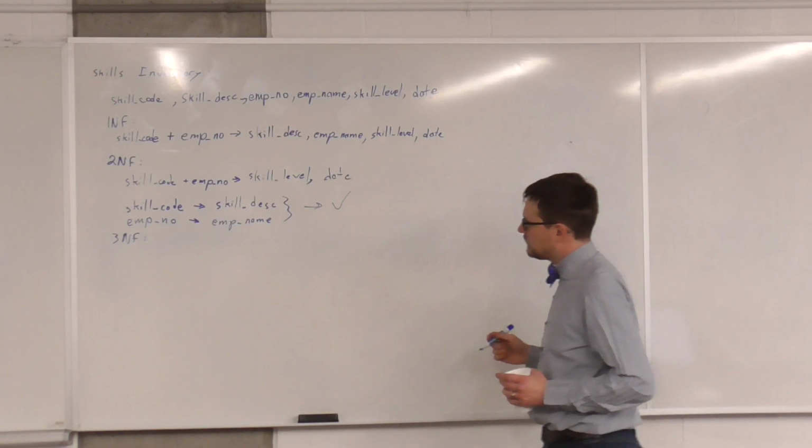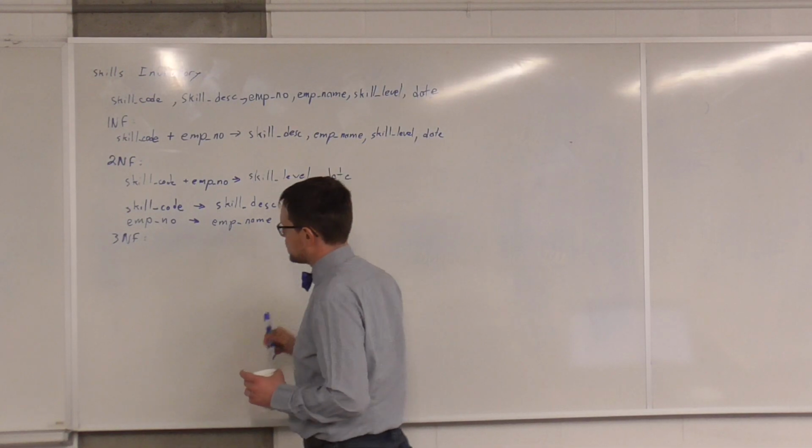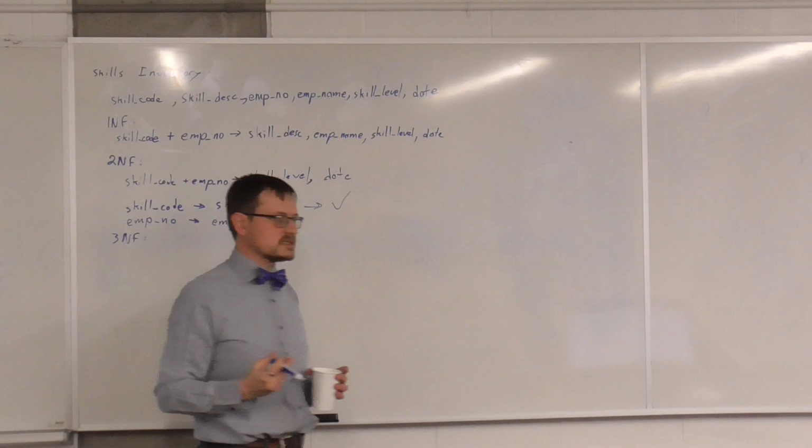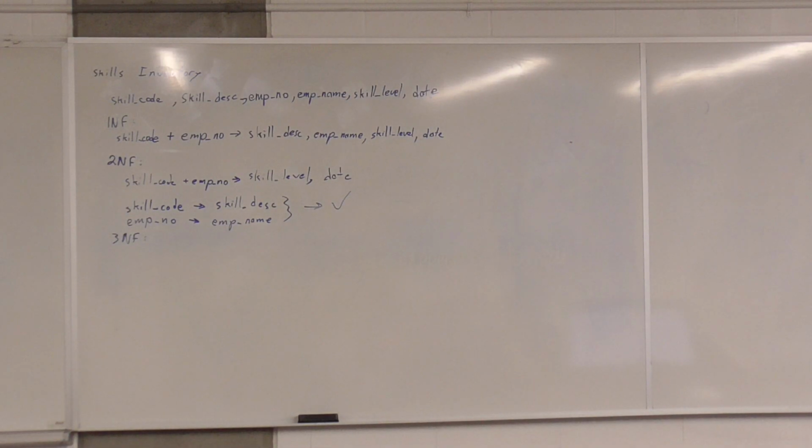So the next thing that we have to determine is whether there is a dependency relationship between skill and date. And I would encourage you not to use your rational mind for this one. I would encourage you to think purely in terms of the repetition of the data, right?